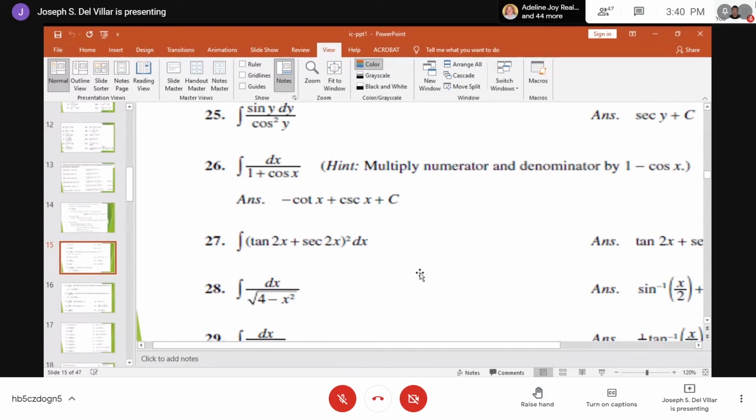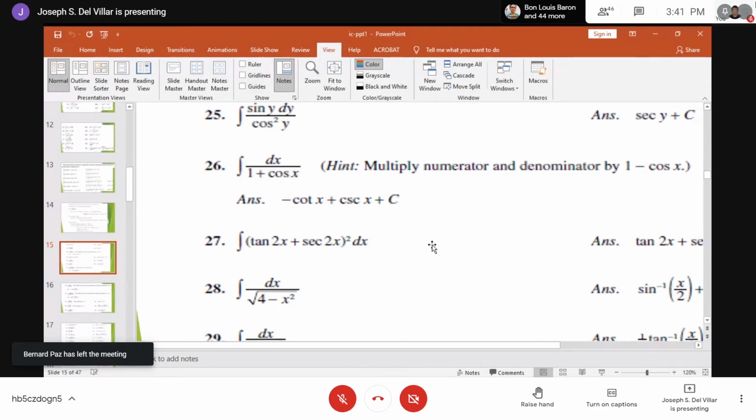Okay? And then, transform into two fractions. Okay? So, break it up into two fractions, no? So, magiging 1 over sine squared x minus cosine x over sine squared x.